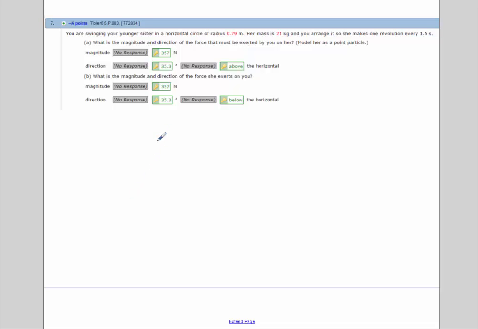Well, you know that the circumference of a circle is going to be 2 pi times the radius. So all we need to do here is take the distance traveled and divide it by the time interval. We'll call that delta t, and that'll give us our tangential velocity as we travel around the circle.